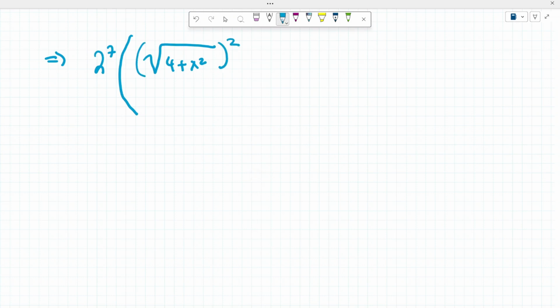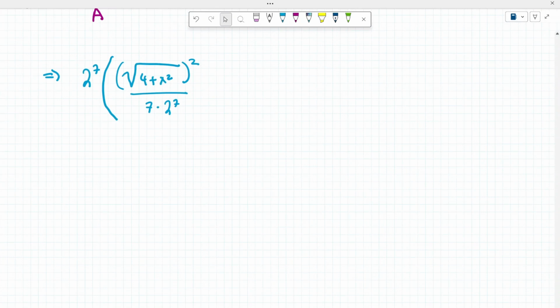So we now have 2 to the power of 7 in brackets. We have 4 plus x squared to the power of 7 divided by 7 times 2 to the power of 7.